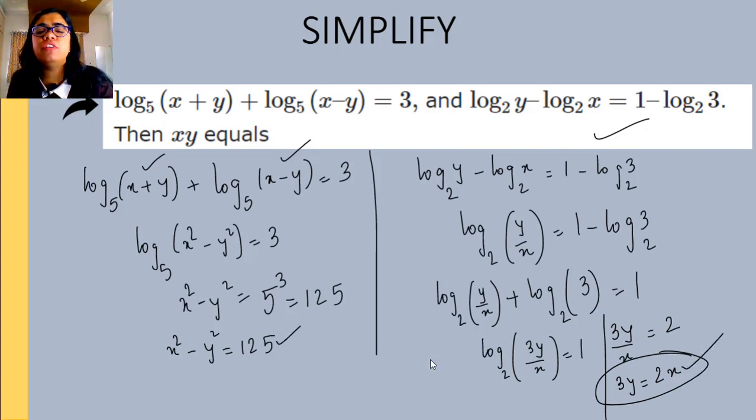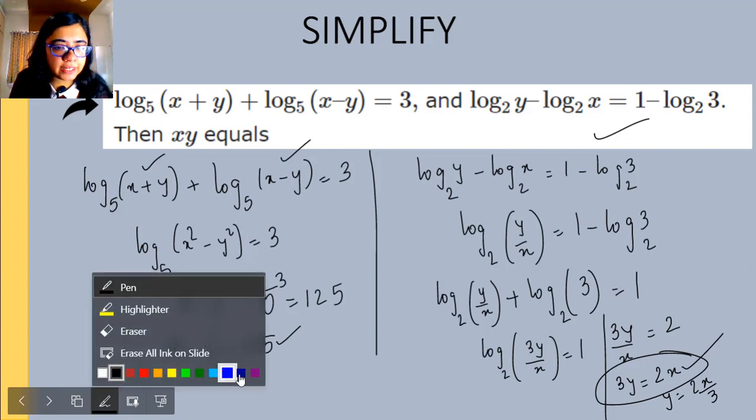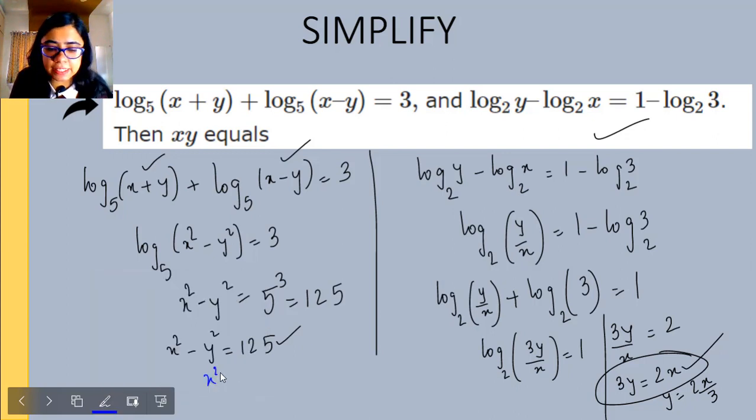You have to get the value of x and y. You can substitute y as 2x by 3 in this expression. Get your value. It's very, very easy. So, look, what I'll do is keep x square as it is, minus y, which can be written as the square of 2x by 3. The square of 2x by 3 will be 4x square by 9, is equal to 125.